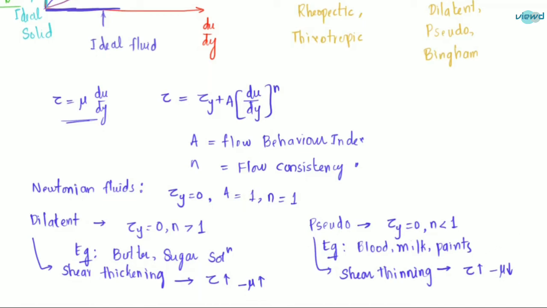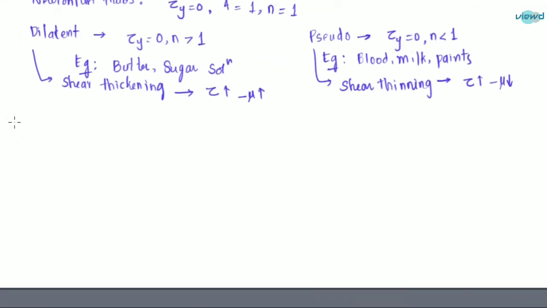And the next is Bingham plastic. In Bingham plastic, tau y is not equal to 0. Some initial stress should be applied for the movement of fluid. Tau y is not equal to 0, but n is equal to 1 because it varies linearly.